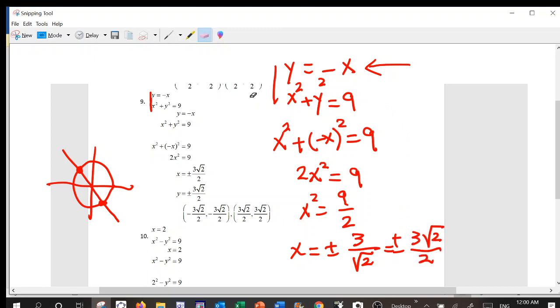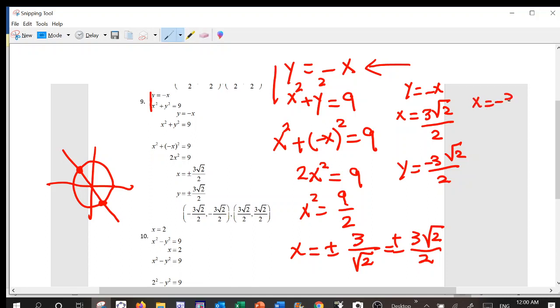Now, we know what y is. We know y is negative x. So when x is positive 3 square root of 2 over 2, y is negative 3 square root of 2 over 2. And when x is negative 3 square root of 2 over 2, y is positive 3 square root of 2 over 2.